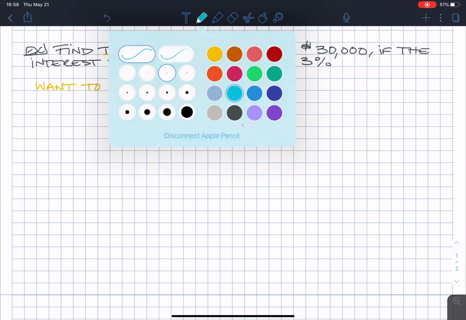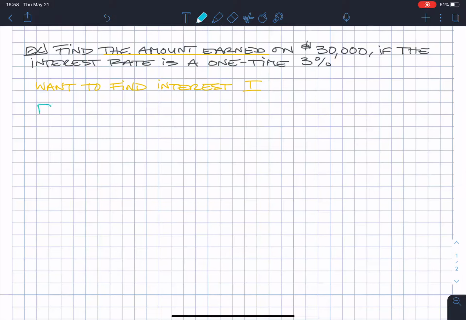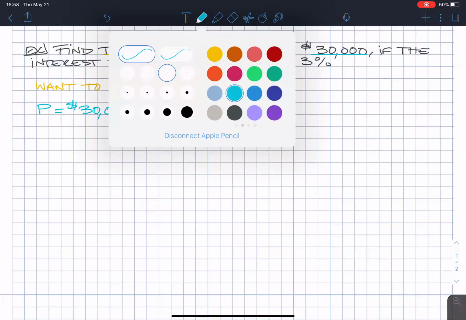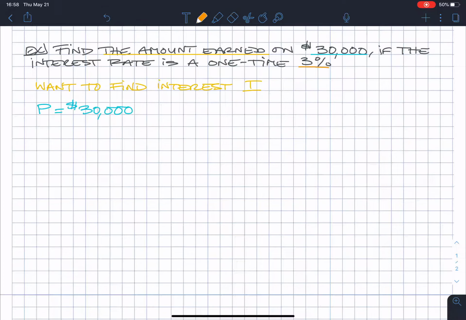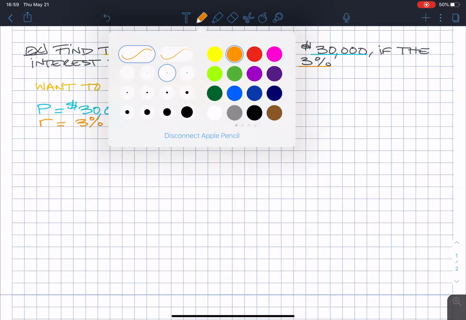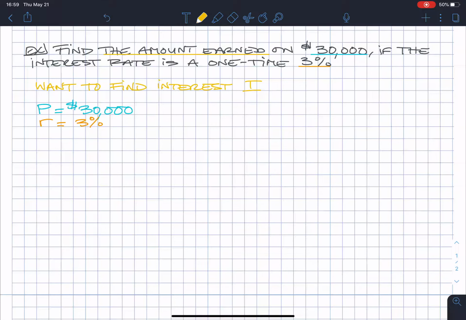Okay, so what is my principal amount? So P, the principal amount, the investment was $30,000. And the interest rate r, one-time interest rate, is 3%. Okay, so I claim that the interest is principal P times interest rate r.